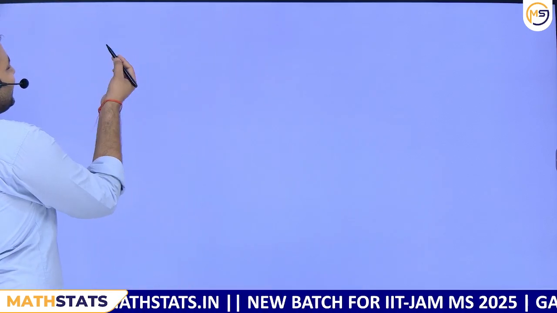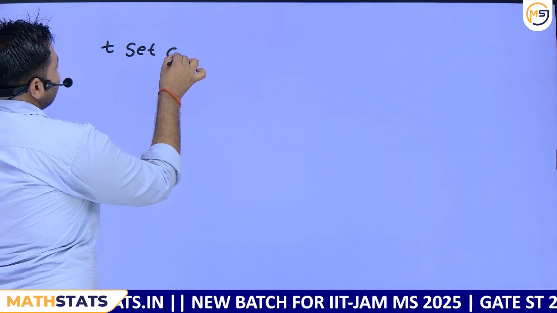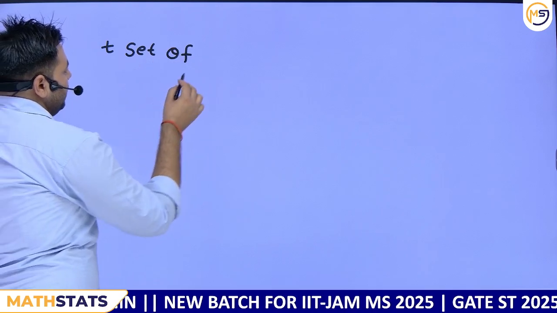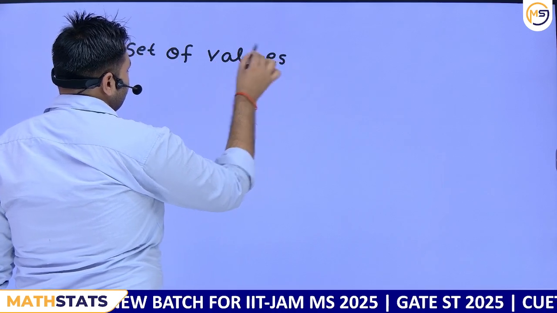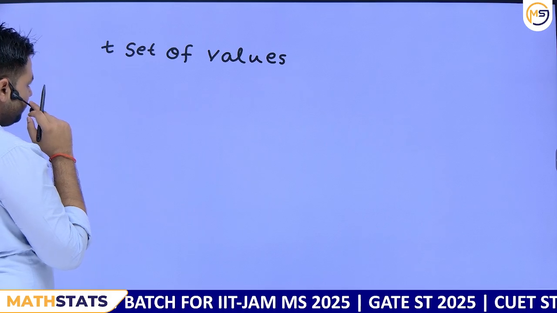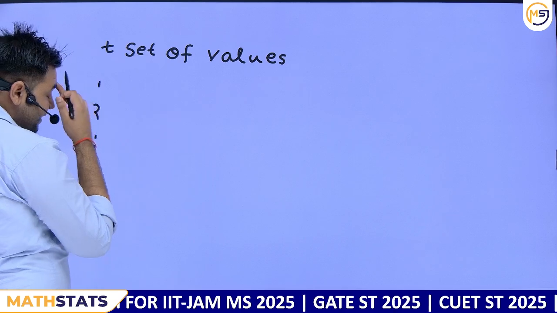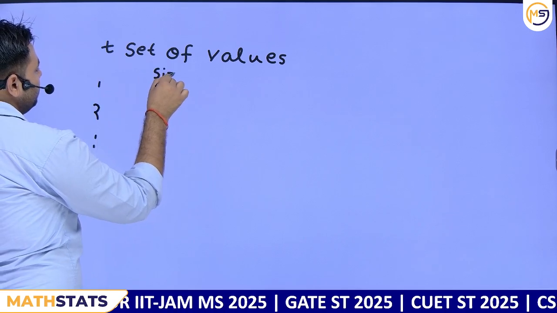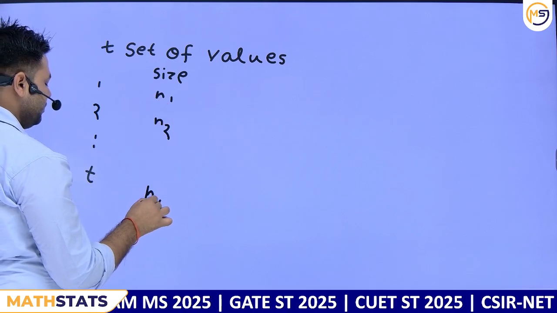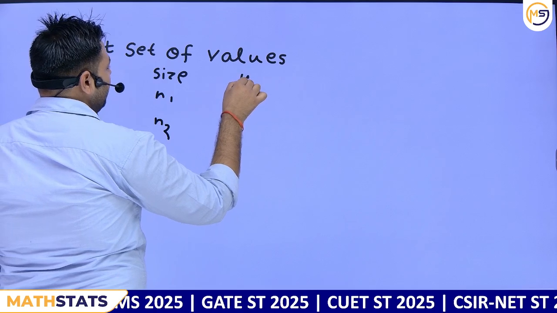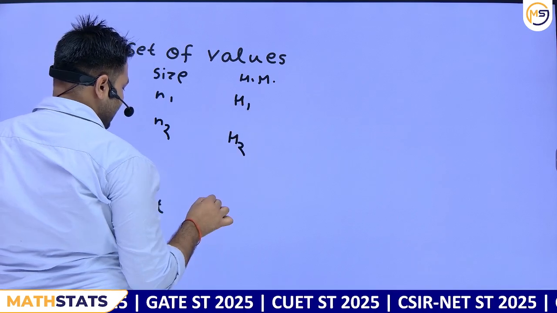So suppose we have t sets of values. You can generalize in a similar way. The sizes are n1 for the first, n2 for the second, and nt for the last, with respective harmonic means h1, h2, and ht.